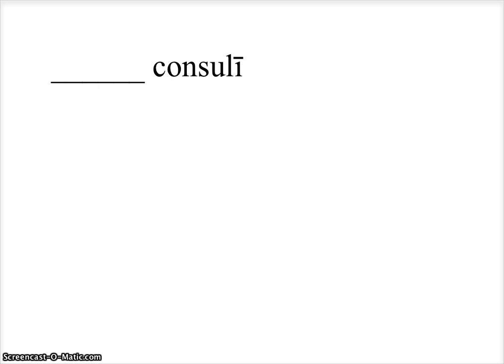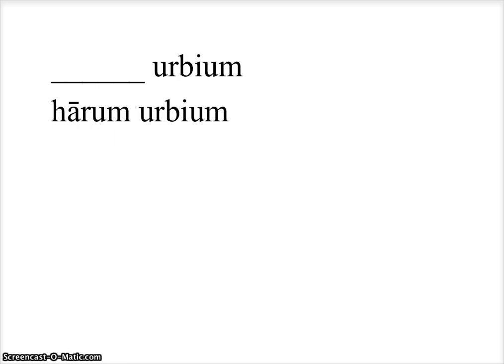Now, blank consuli. This is a third declension noun, and consuli is dative singular masculine, so we want huic consuli. Very good. Oops. Harum urbium. Forgot to give you a chance on that one. Of these cities. And notice that urbs urbis is feminine.